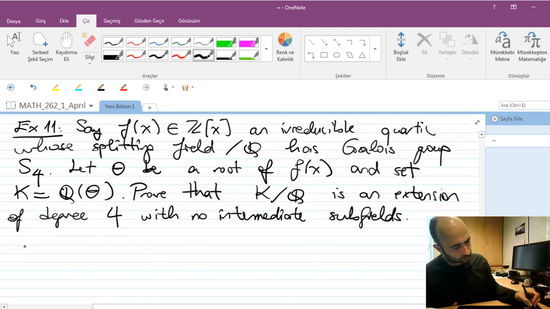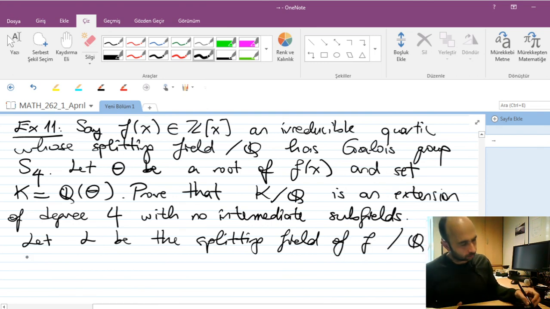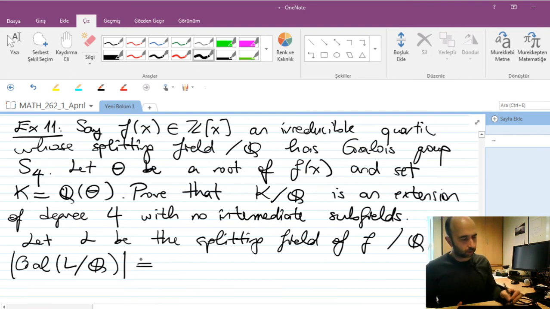So let L be the splitting field of f over Q. Then the order of the Galois group must be equal to the degree of the extension, but we also assume that this Galois group is S4, so this is the order of S4, which is 4 factorial, which is 24.